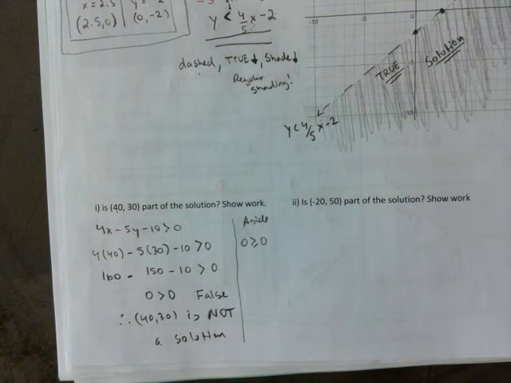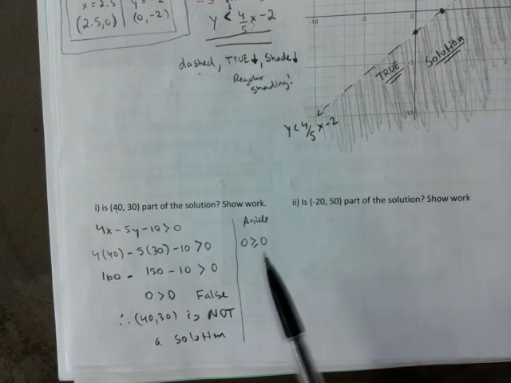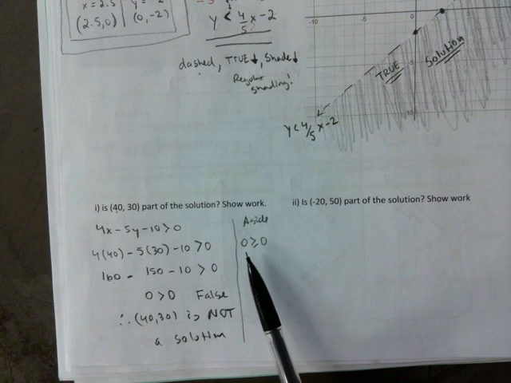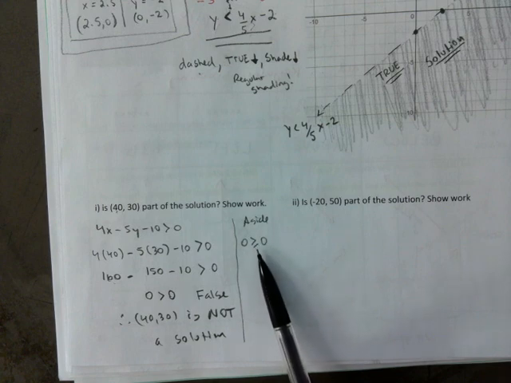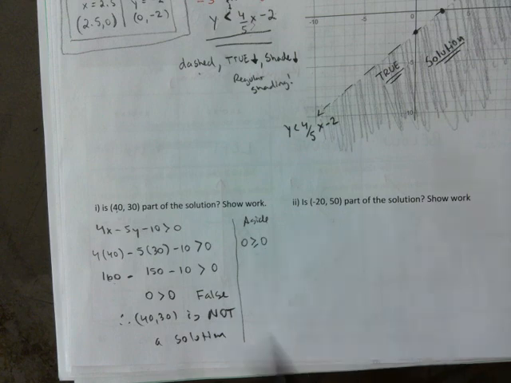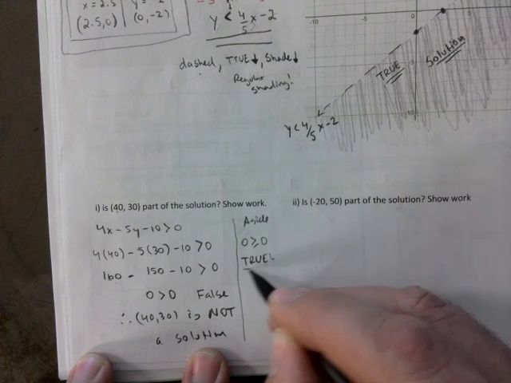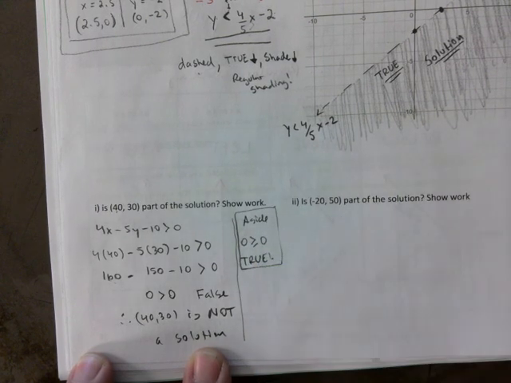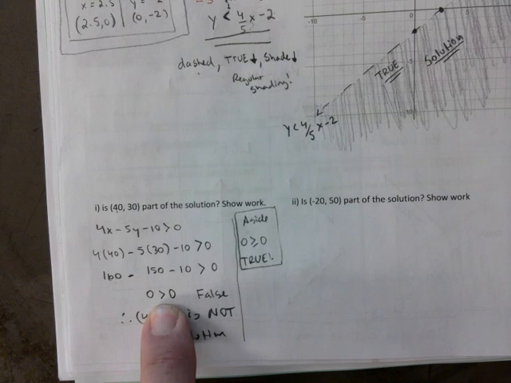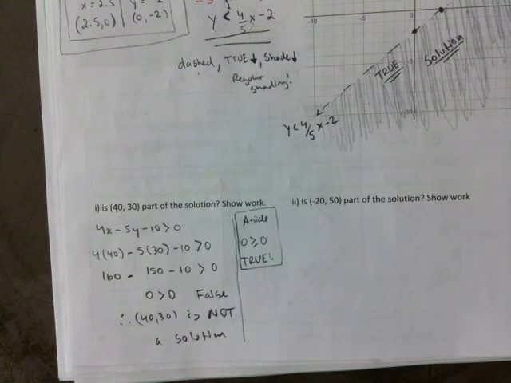Would that be true? The answer is yes. Because you need to just know what this is saying. Is 0 greater than or equal to 0? Yes, it's or. The or part is true. This is true. This is just a complete aside because it could have been the case.